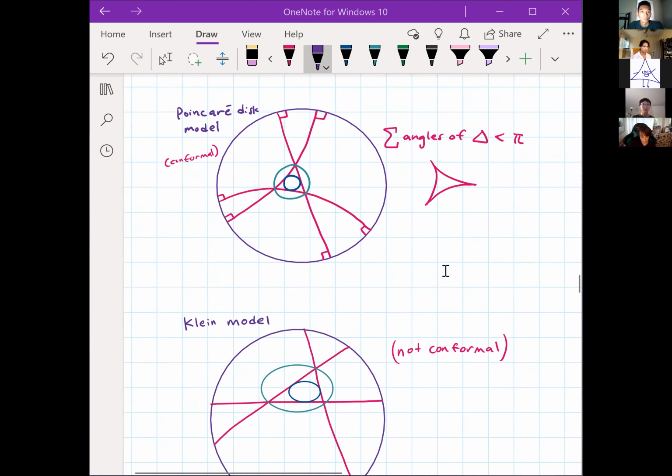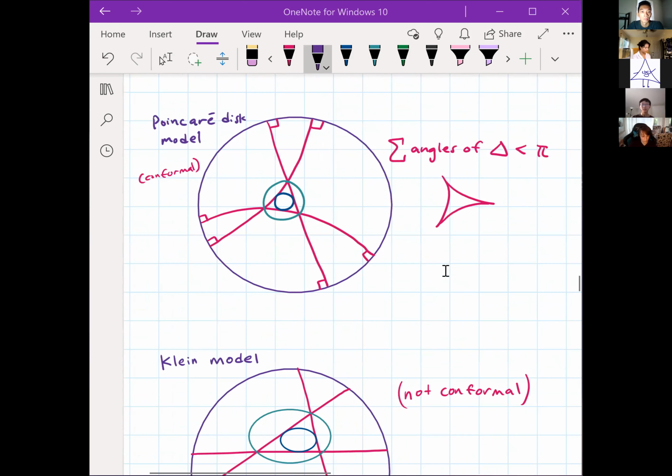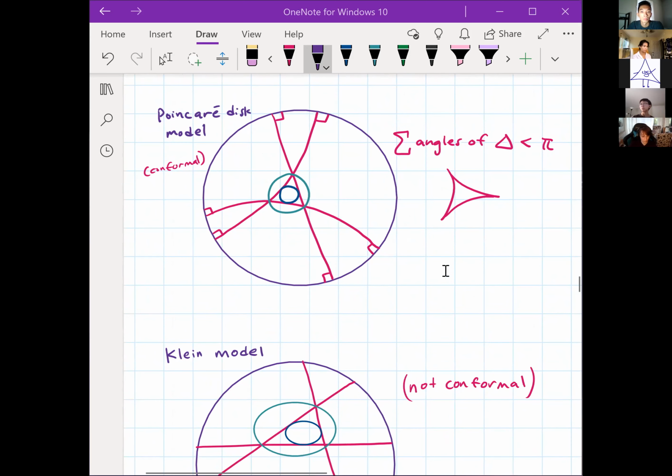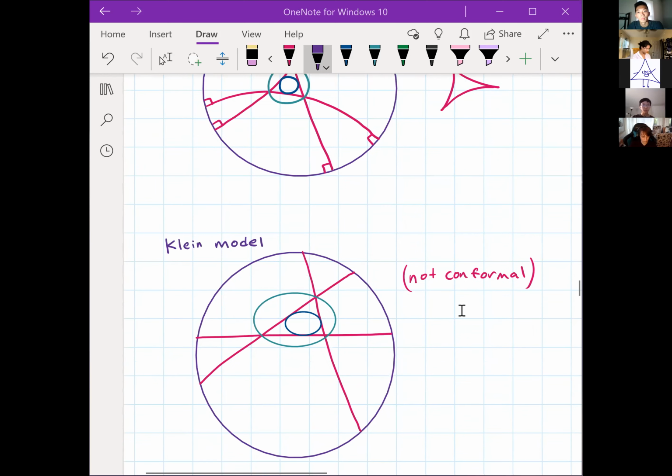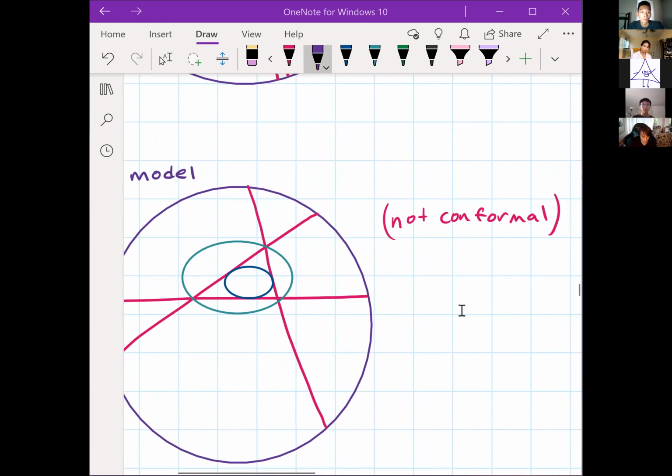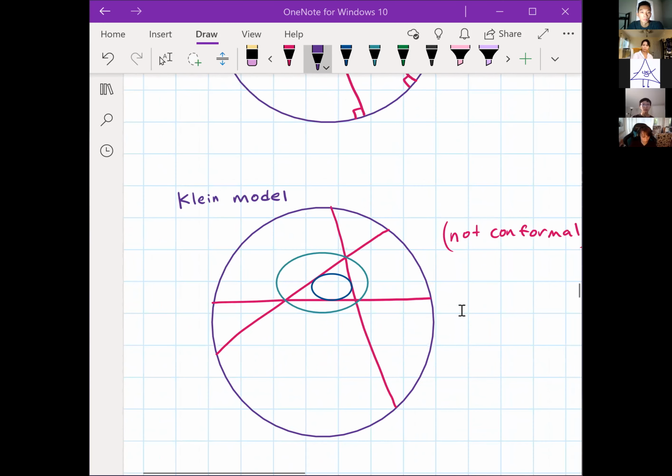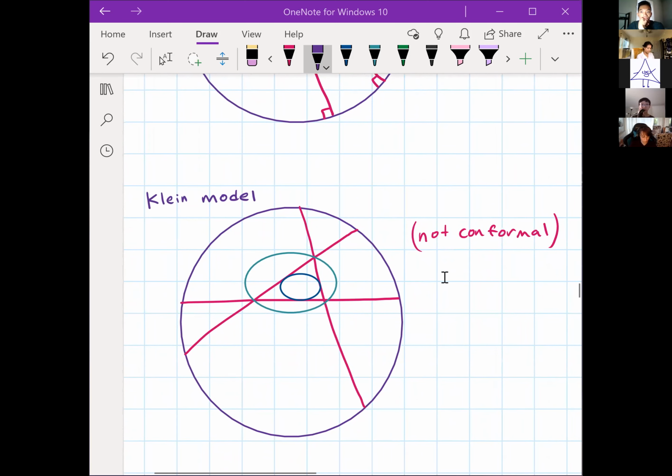Okay, so there's like, I don't know, 5 or something different models of hyperbolic space. But there's also another one called the Klein model, where we model our straight lines as just being straight lines. But this model is not conformal, so we do get some sort of distortion from the angles. So these angles are not actually accurate.